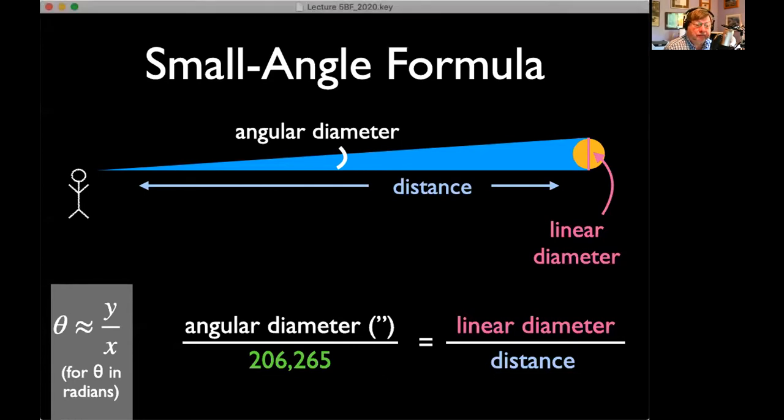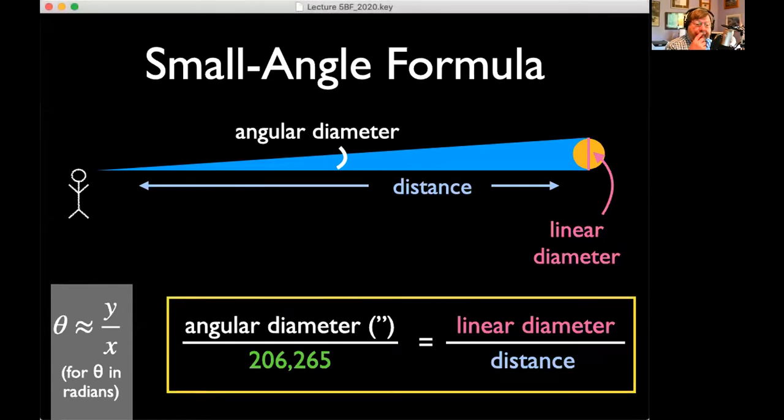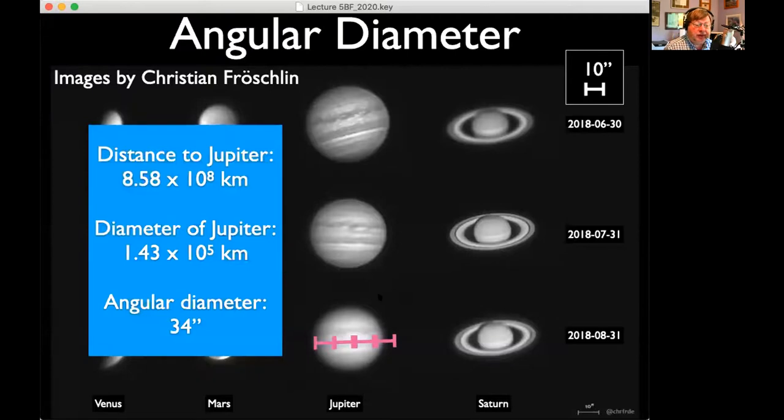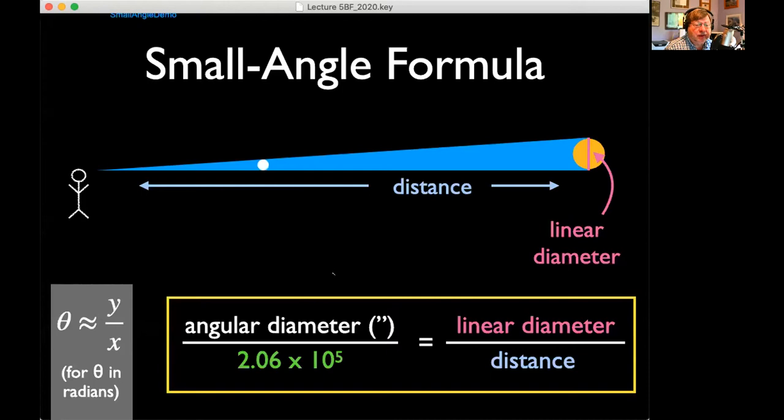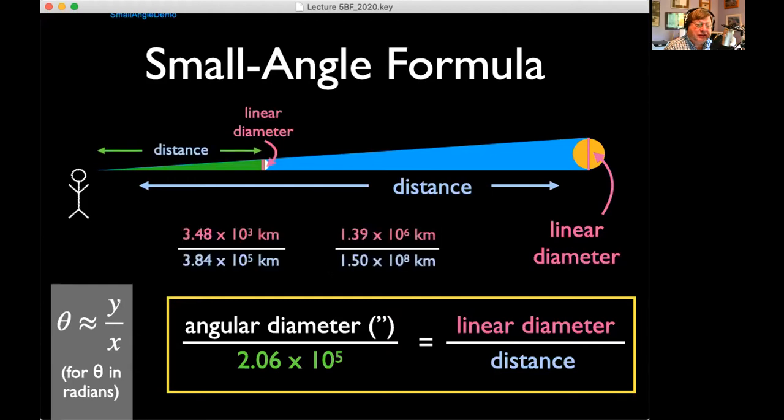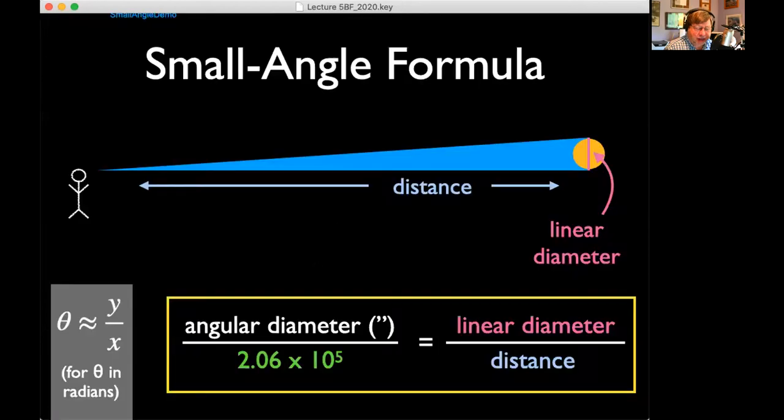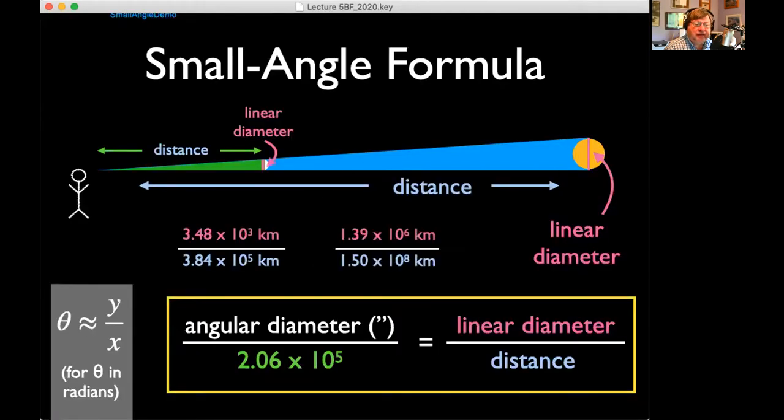Okay. So here's the graphic that I was trying to show you. That's 364. So here's the thing. You can have things that have the same angular size, but have different physical sizes.